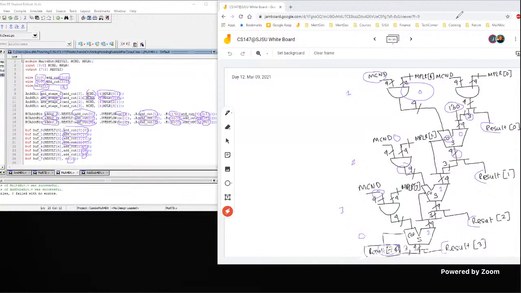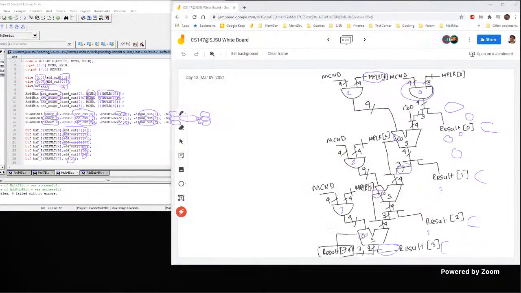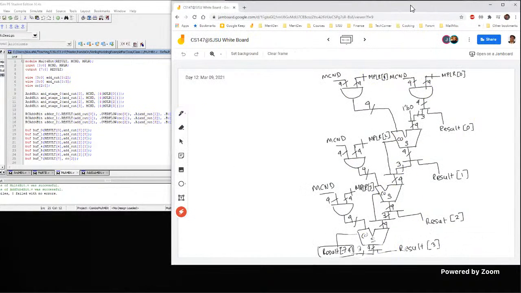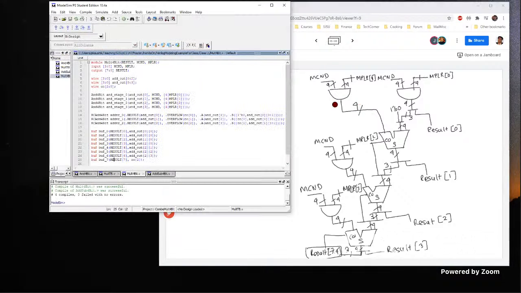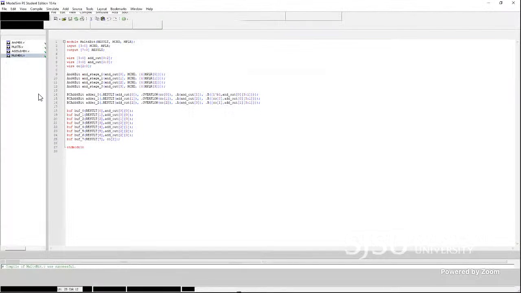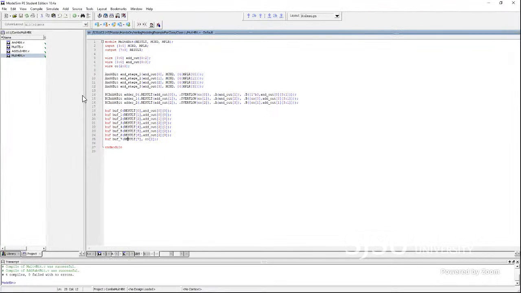Before I go to the simulation result, is there any question? Okay, so now since we are convinced that what we have written at the gate level is the same as what we intend to do here, let's try the verification through the simulation.